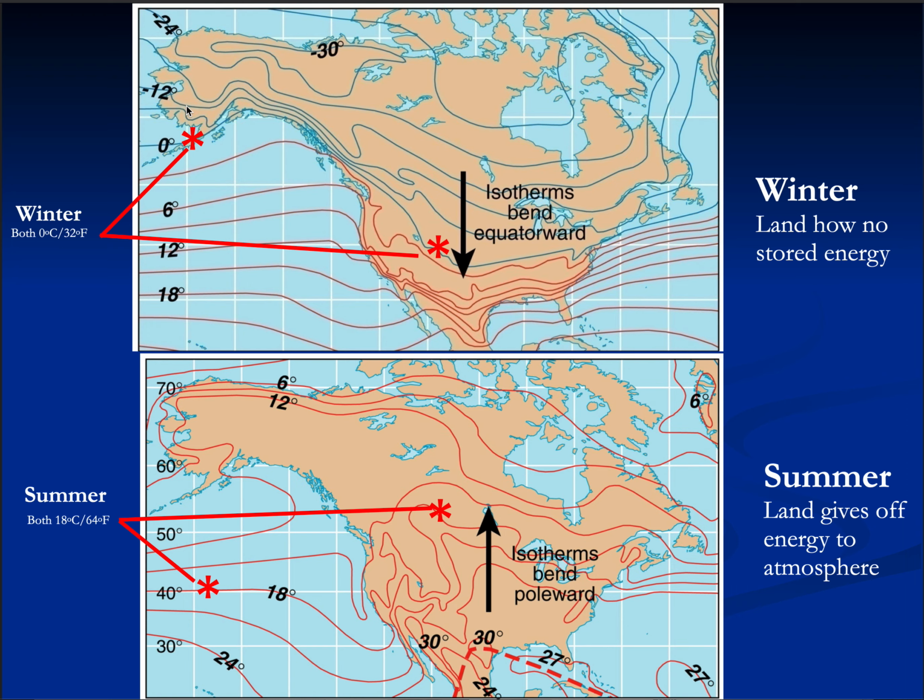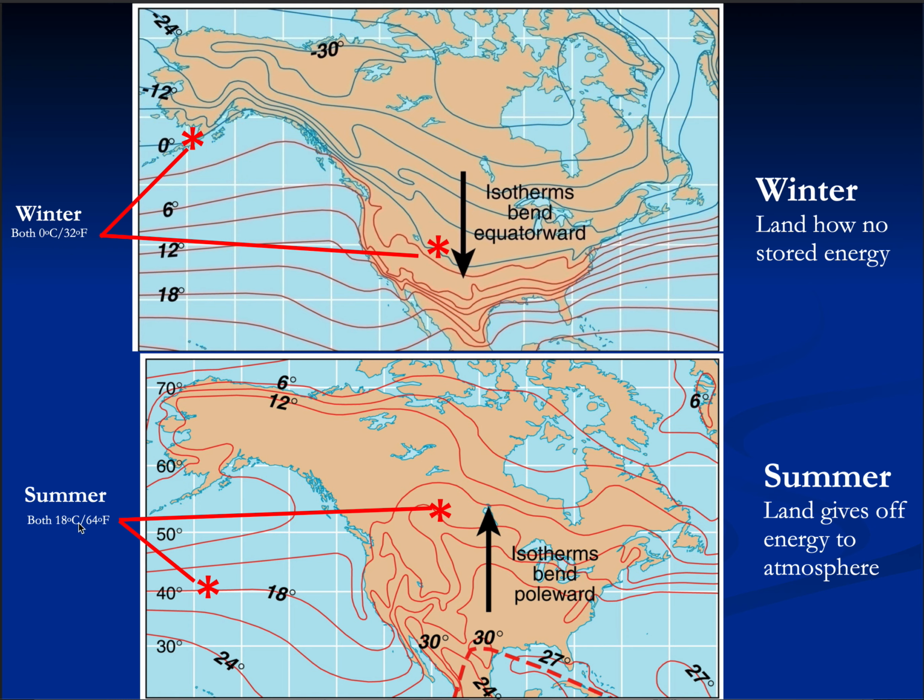So stuff to consider here. We know that this is winter even without having these temperatures on the side, because the isotherms on the land masses are bending towards the equator. That means that the oceans are warmer and the land mass is cooler.